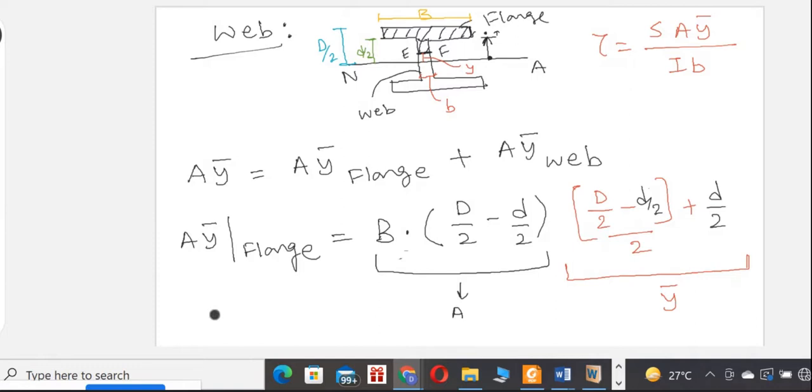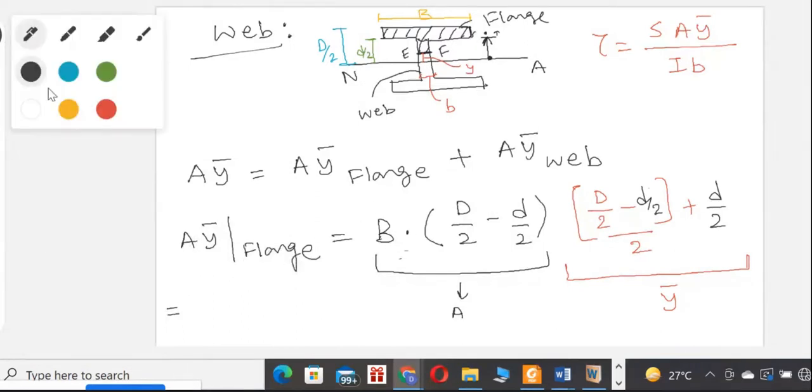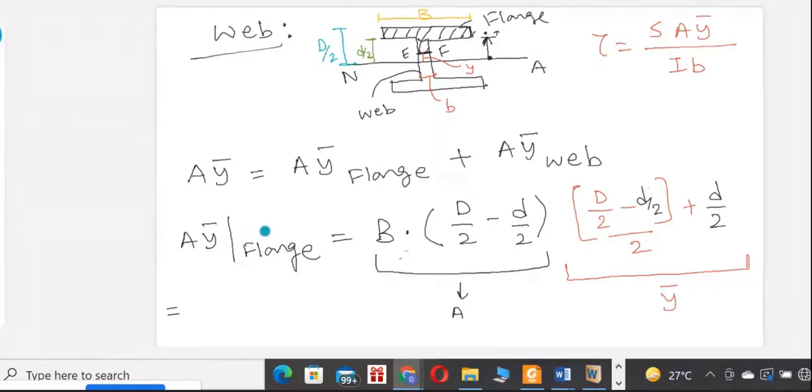So cumulatively, what will be this A y bar for the flange, the final short expression? B by 8 into capital D square minus small d square. Good.